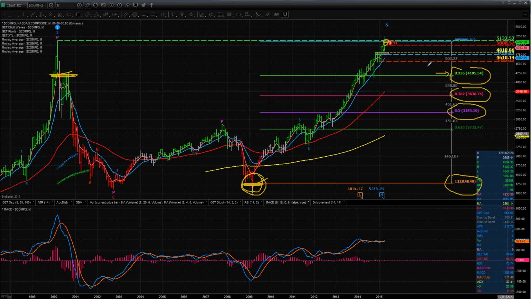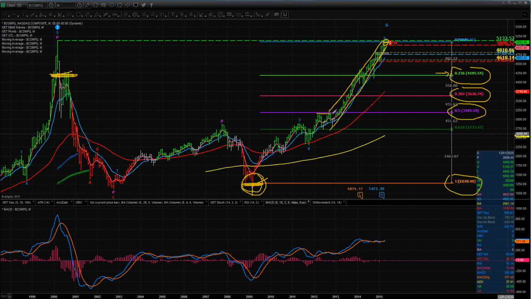So you can see here this huge trajectory that we've made, this huge run-up in NASDAQ. And you can see that if I were to draw a channel like that, it's fairly tight, and I'm not drawing it very straight.